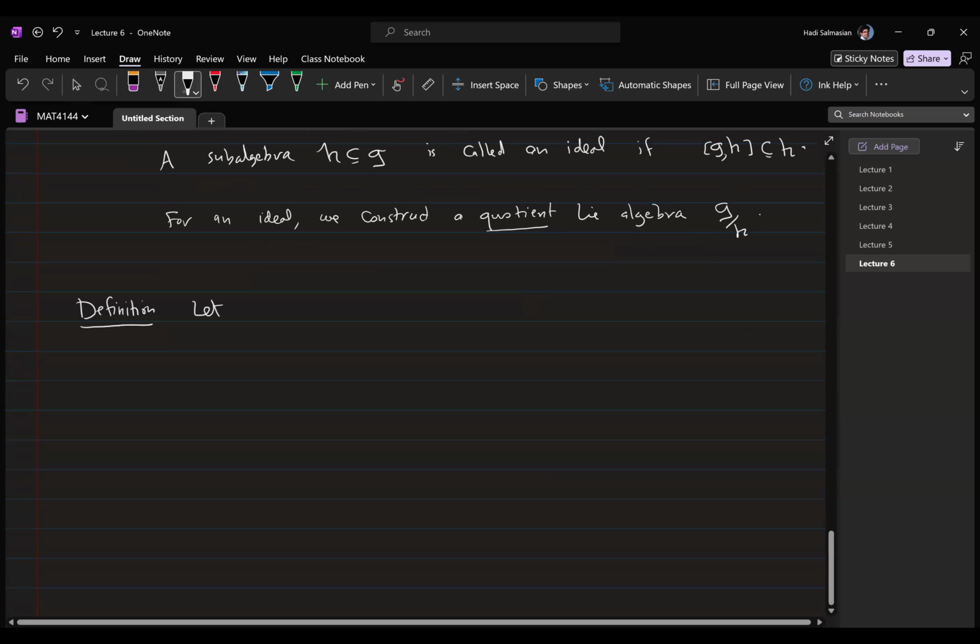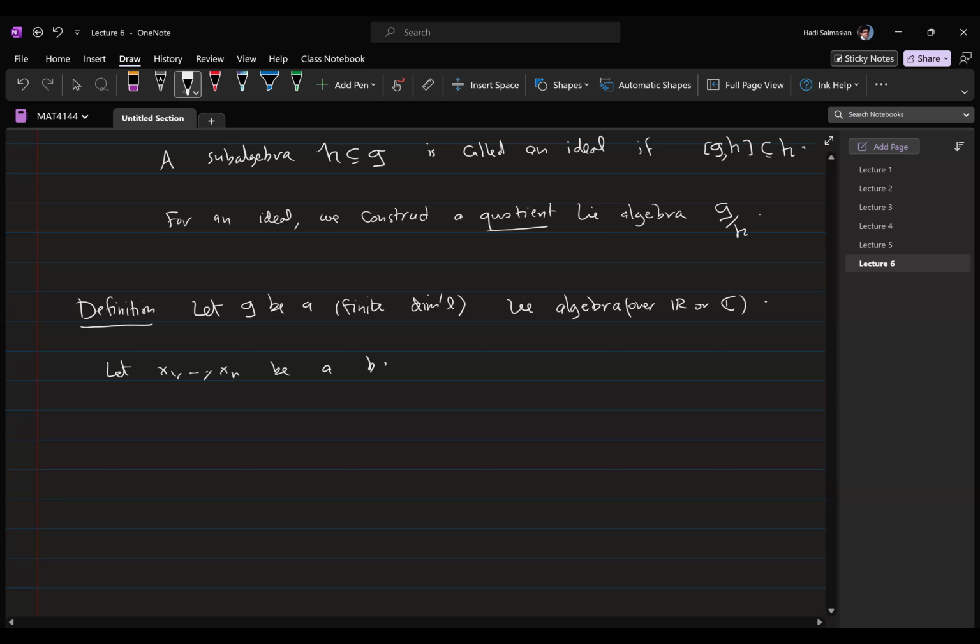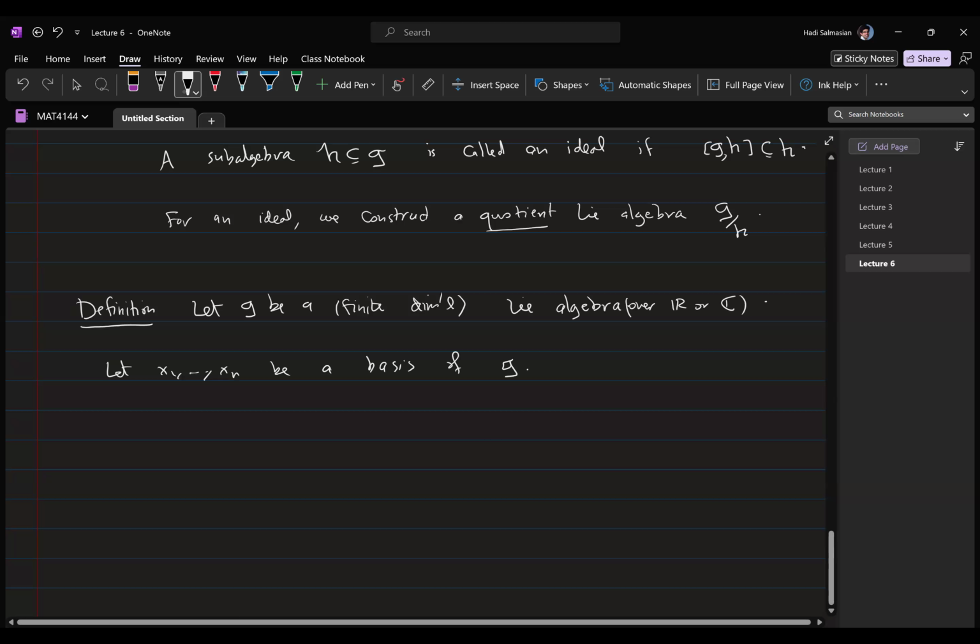So let G be, for simplicity, finite dimensional. Let's say it's over R or C, it doesn't matter, or any field. And now let x1 to xn be a basis of G over that field.